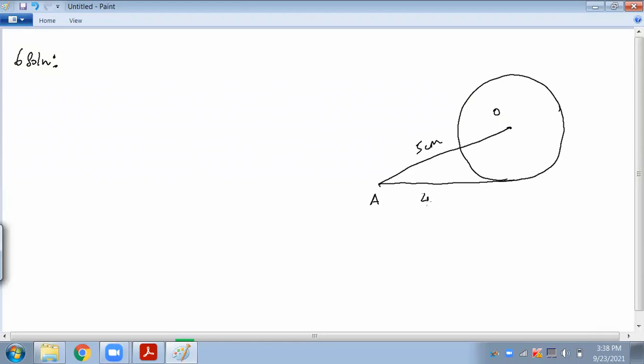Find the radius. So the length of the tangent is 4. You have to find the radius.